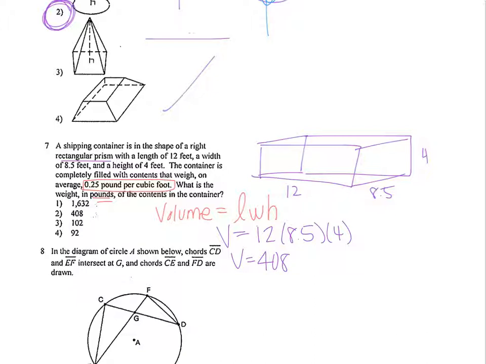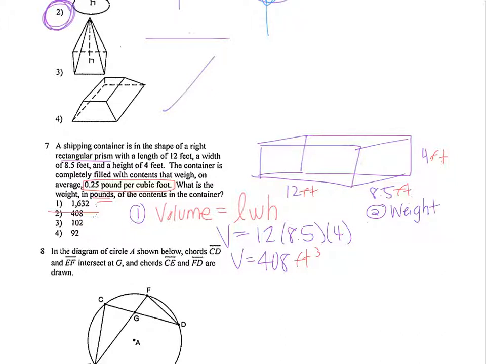Because this was in feet, feet, and feet, we multiplied feet times feet times feet to get feet cubed. Choice 2 is 408, but that's not our answer because they want the weight in pounds. So step 1 is to find the volume, step 2 is to find the weight.